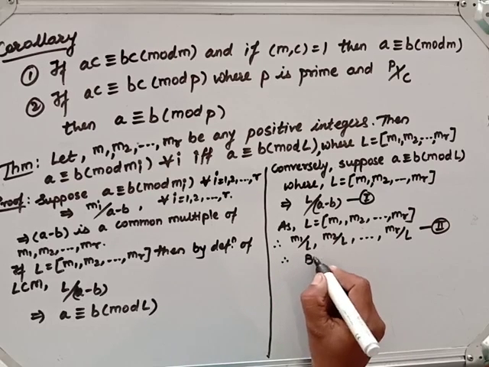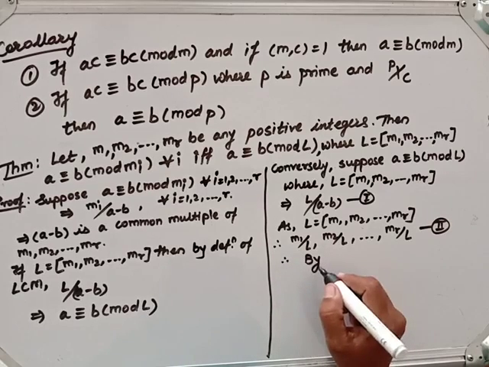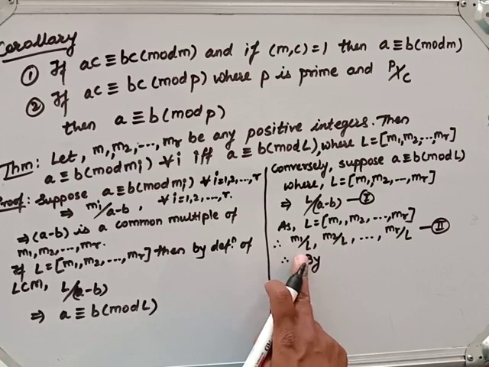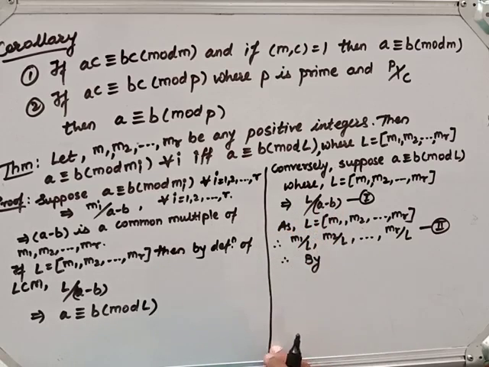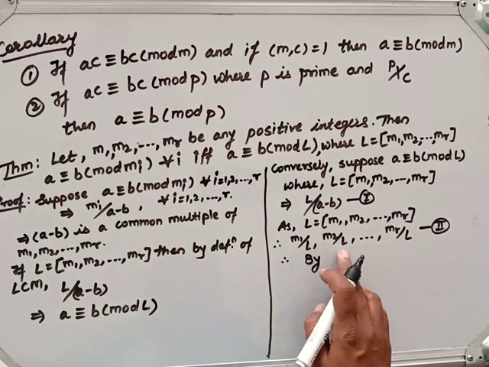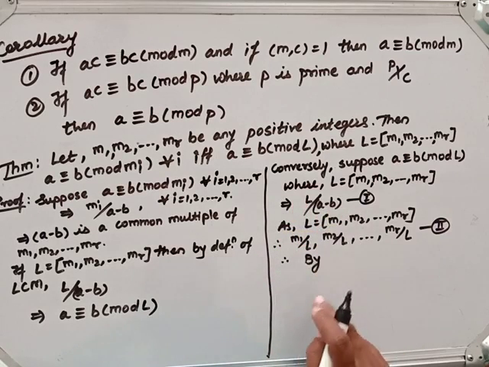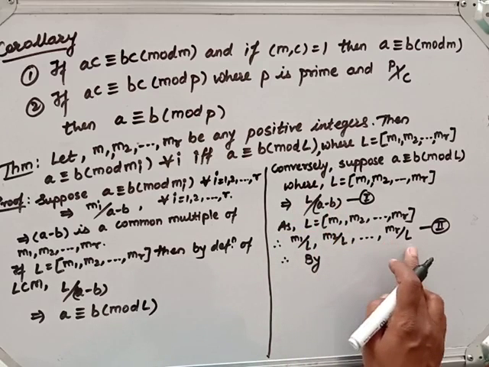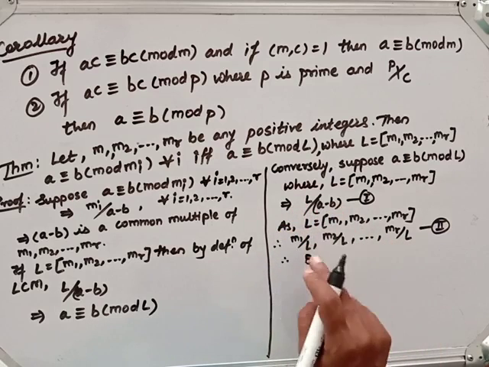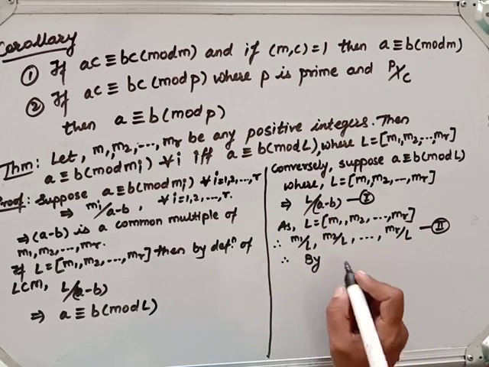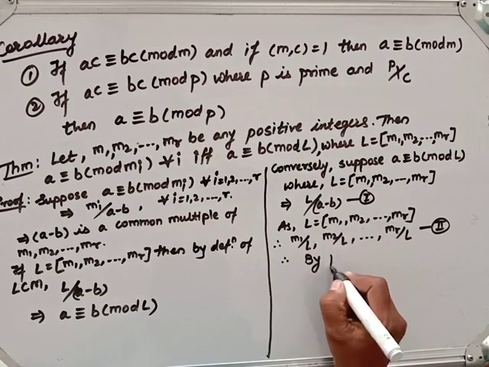Therefore, by one of the properties of divisibility, M1 divides L, L divides A minus B, so M1 must divide A minus B. Again M2 divides L, L divides A minus B, so M2 also divides A minus B. Mr divides L, L divides A minus B, so Mr must divide A minus B.